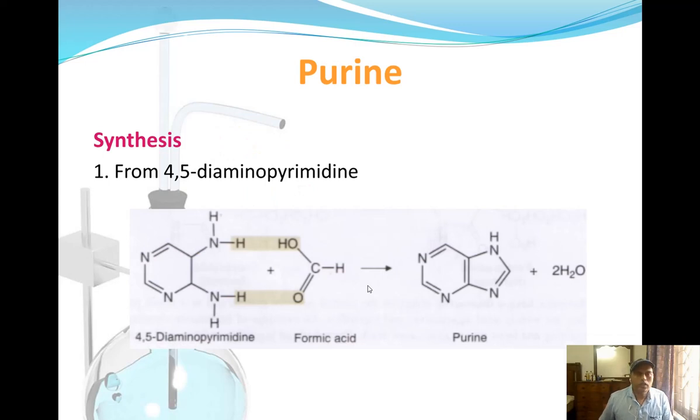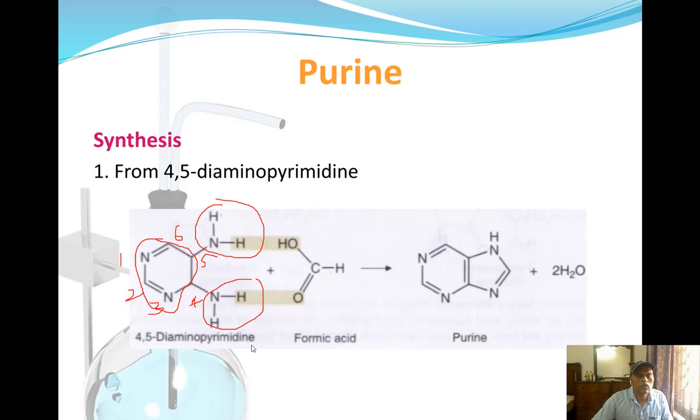Next, let's study the synthesis. First method of synthesis is from 4,5-diamino pyrimidine. You have position 1, 2, 3, 4, 5, and 6. So this is your pyrimidine, right? For the pyrimidine you have attachment of an amino group at 4 and 5.